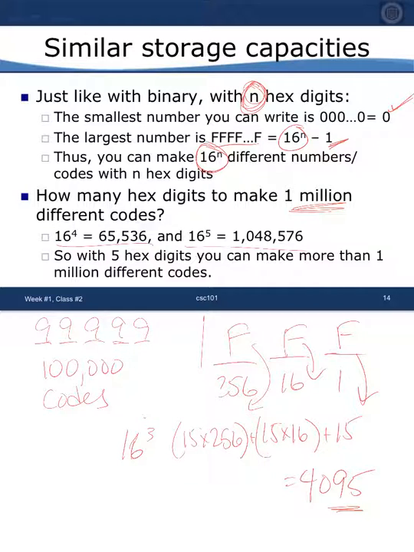So in hex world, with 5 digits, since in addition to 0 through 9 you're also using A through F, you can make over 1,000,000 codes, right? So you get a whole bunch more that come from the fact that you're using not just 0 through 9, but also 6 letters.